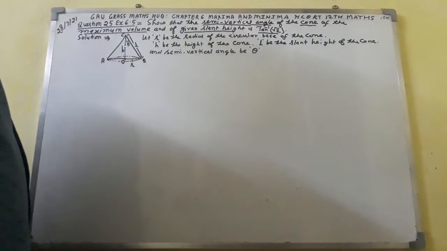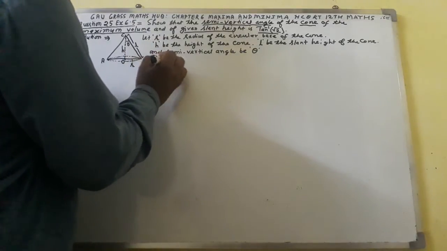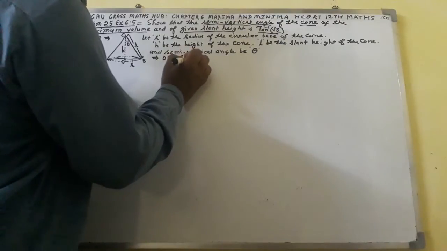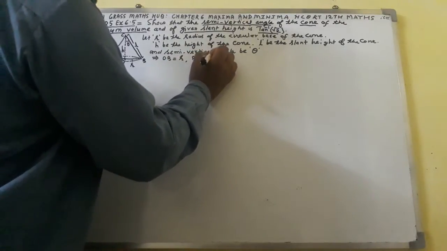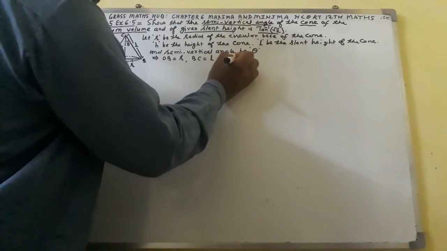This implies that OB is equal to small r, BC is equal to small l, OC is equal to H.